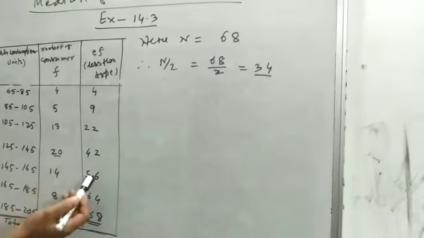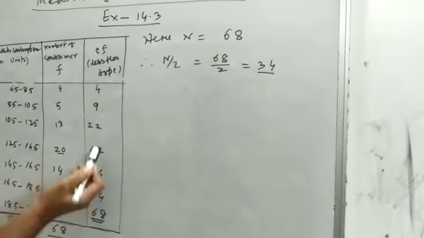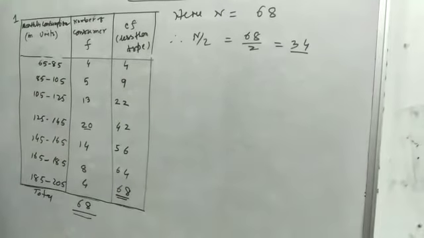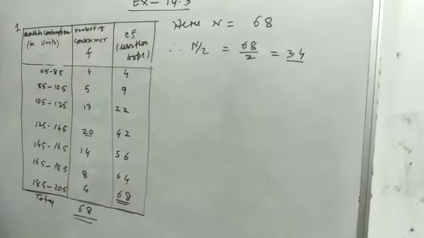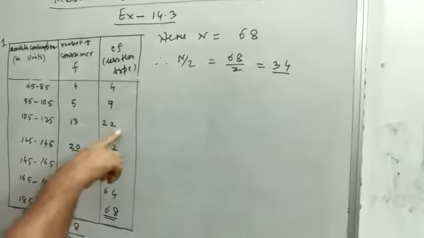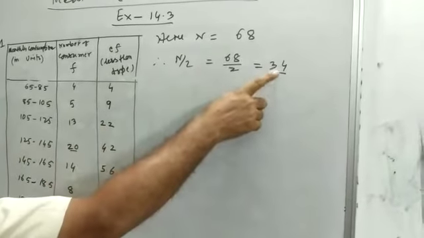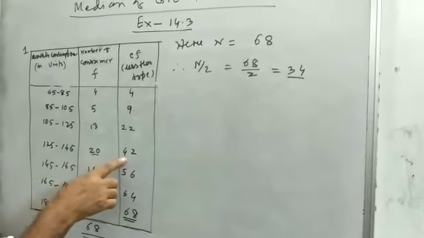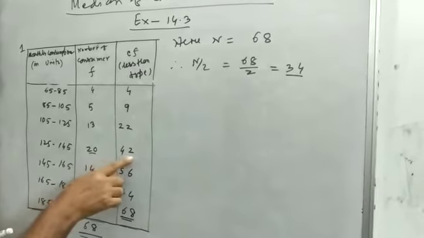Here you see 42, 56, 64, 68 are all greater than 34. Which one will be selected? Just greater than 34. These things you have to remember. If 34 is not directly present, then we take the CF just greater than 34. And here it is clear that just greater than 34 is 42.